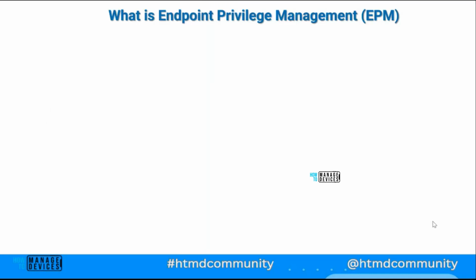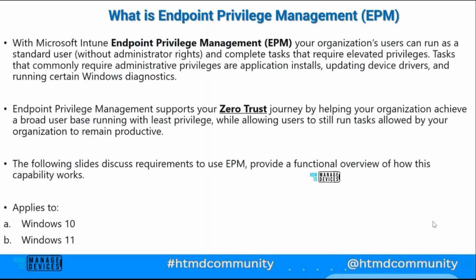Regarding Endpoint Privilege Management, EPM, with Microsoft Intune, your organization's users can run as a standard user without admin rights, and they can complete the required elevated tasks without interruption. Those tasks are commonly related to application installs, updating device drivers, or running certain Windows diagnostics.